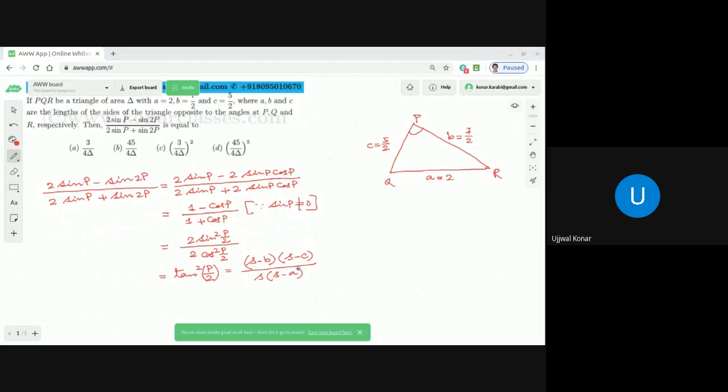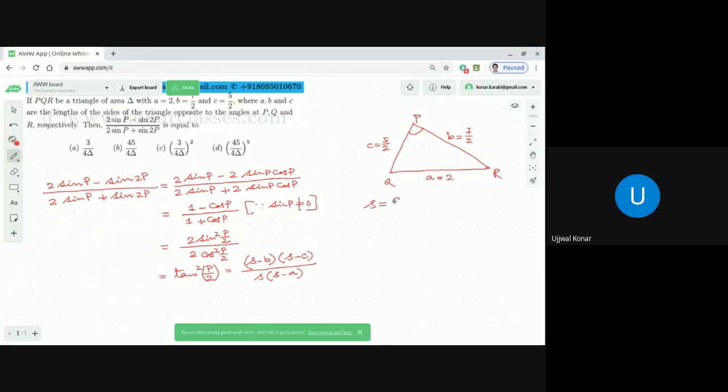Now it is very easy to find the value of S minus B and S minus C, because we know A, B, C, and hence we can find the value of S. What is the value of S, by the way?